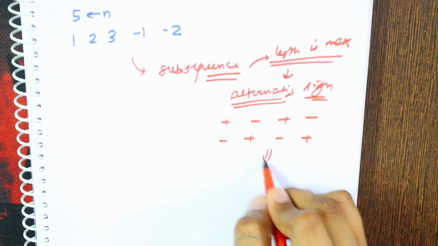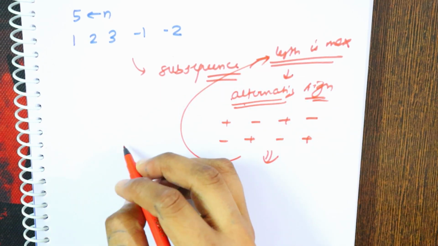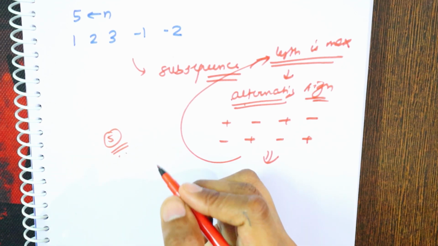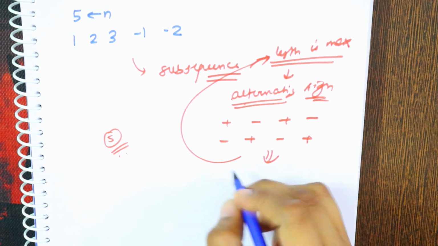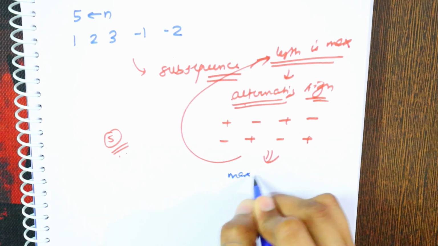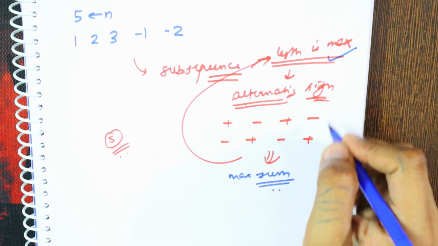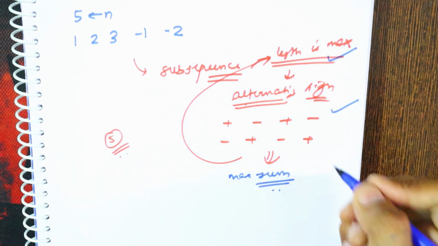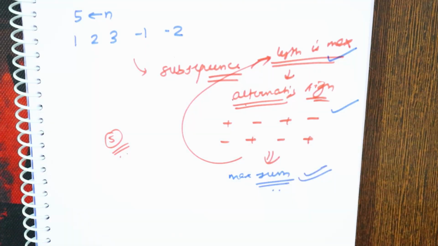And the third condition is that, suppose the maximum length is 5, then out of all subsequences of length 5 we need the one with the maximum sum. So for the maximum length found, what is the maximum sum?